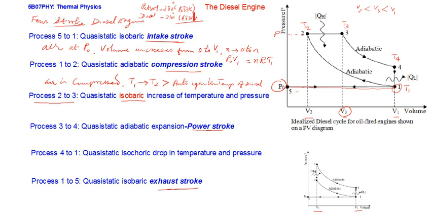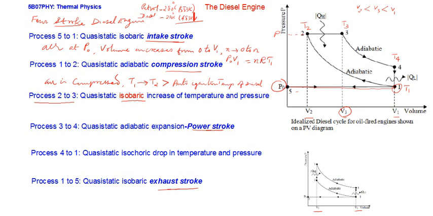If you spray some diesel into this air maintained at that temperature, without the use of any spark plug, diesel can undergo auto ignition, and that is the basic principle in the working of a diesel engine. That is why there is no need of a spark plug in a diesel engine.